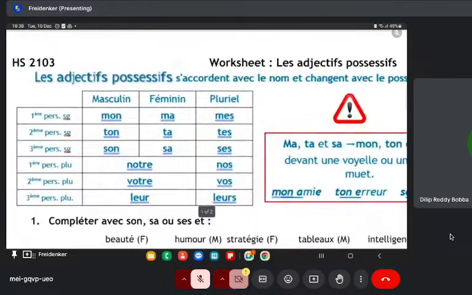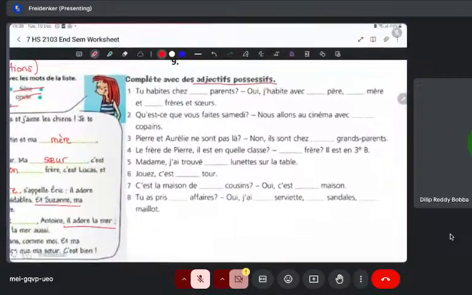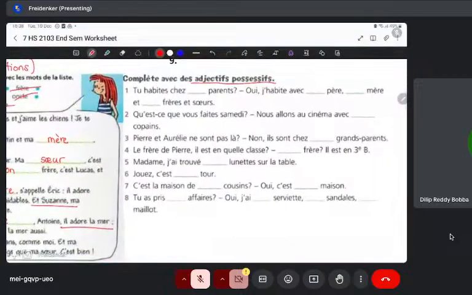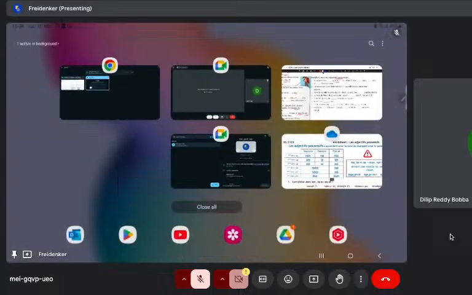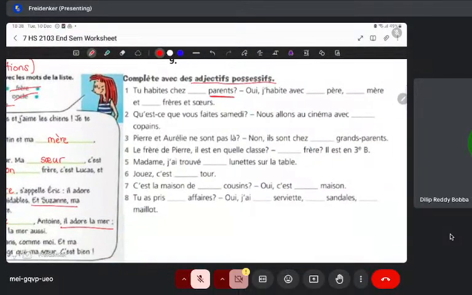So the first question is: tu habites chez dash parents. So see, question directly possessive adjective. So directly just look at the noun, like look at the noun after the blank, and now you decide. Parents is plural, right? So plural means... okay, fine. You can't simply look at the noun because you need the context. You should know who is the owner.